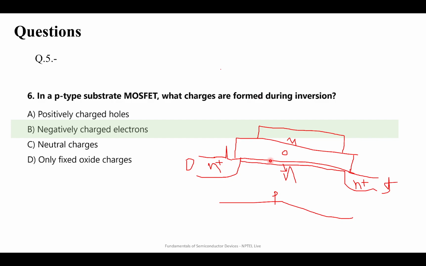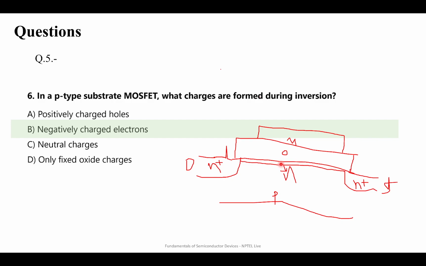Sir, I just want to know, the channel is formed due to the inversion effect of gate voltage. Yes or no? Yes. In the last class, you studied that if you have a voltage in the metal part higher than your threshold voltage, then the inversion layer is formed in your substrate at the interface, and that inversion layer is fixed at 2 phi f.